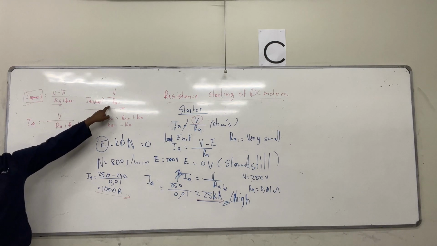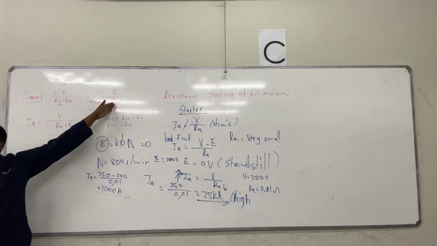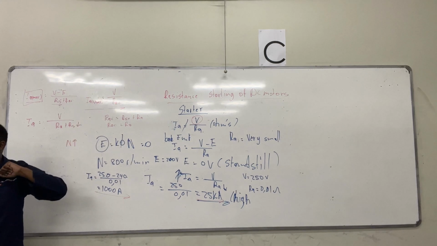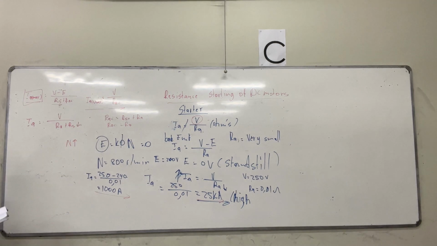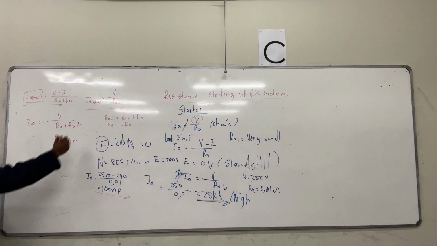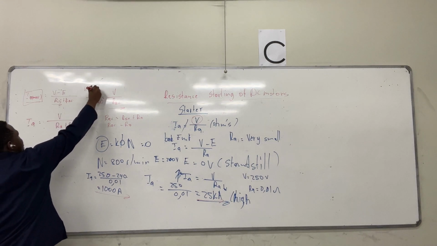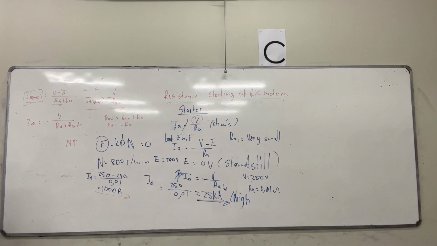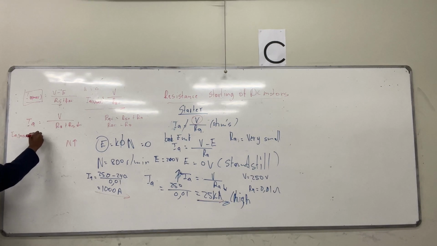Leni formula calculate not the actual high starting current. Yabo, of which is o-E ngubani zero at starting. Ane? So i-formula yethu iyachinja ngokuthi IA max is given by V over RS plus RAC.